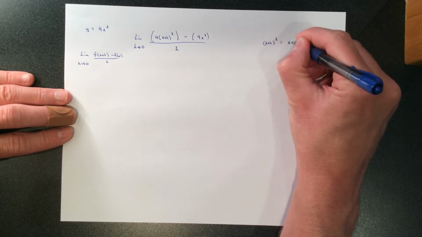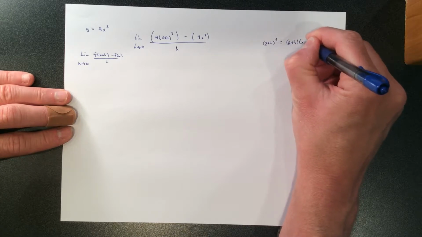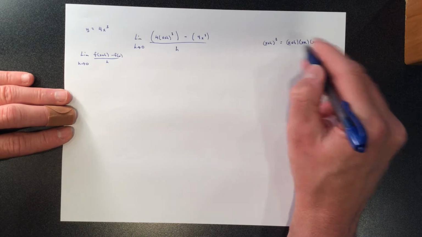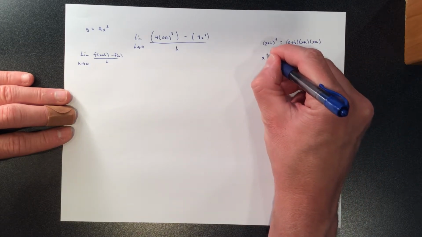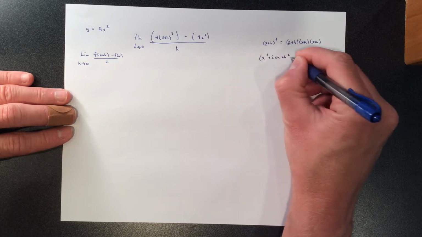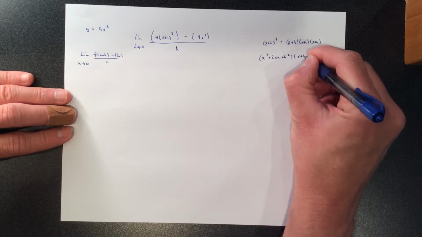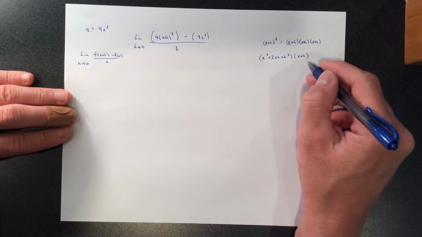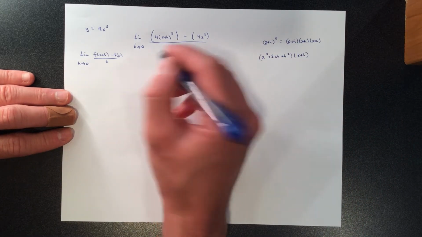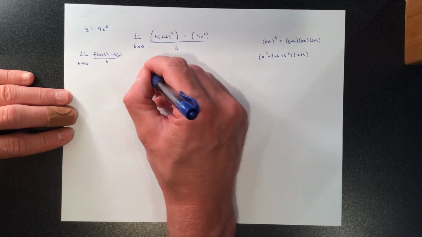You can do x plus h times x plus h times x plus h. You can FOIL that out. So you're going to get x squared plus 2xh plus h squared all times another x plus h, and FOIL all of that out. Or you can just know the binomial theorem, or you can look at Pascal's triangle.